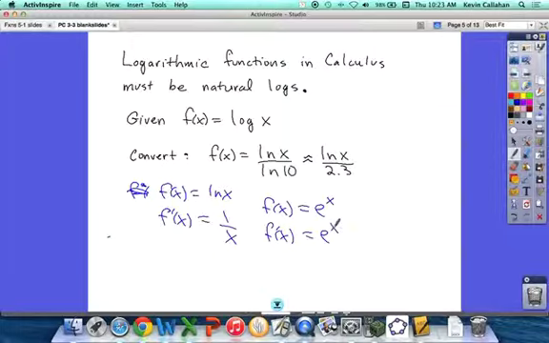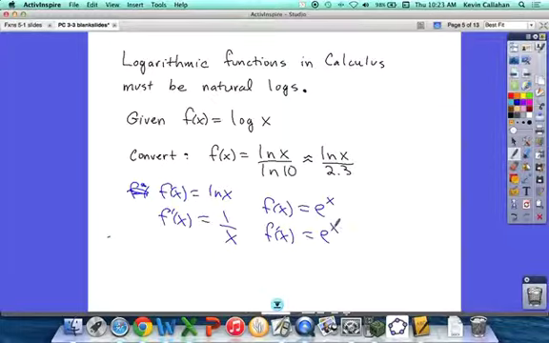So if we happen to have a log function with some other base in calculus, we don't have these kinds of nice relationships. But we can always use the change of base formula to convert it to ln of x over ln of 10, because that's base 10, right?